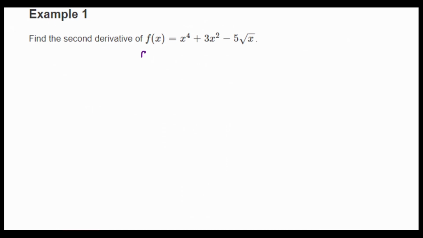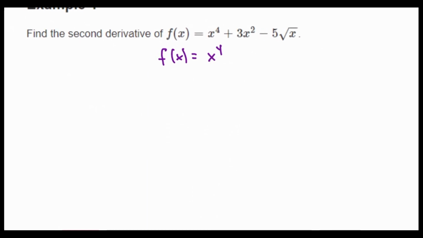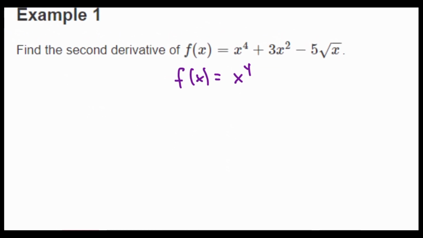First step, I'm just going to rewrite my original function. f(x) = x to the power of 4 plus 3x squared minus 5 x to the power of half.